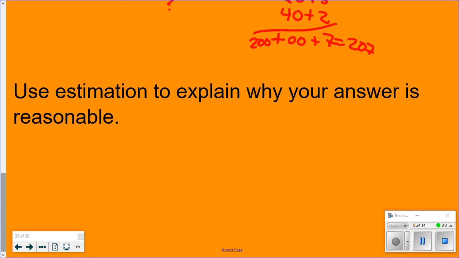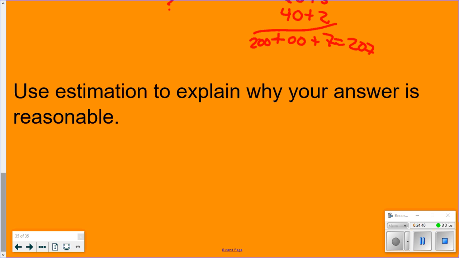But that brings us to our last question. And actually, Ethan and I just did this. It says, use estimation to explain why your answer is reasonable. Ethan, a second ago, because he made his 6 look like a 0, told me that they ran 147 miles.